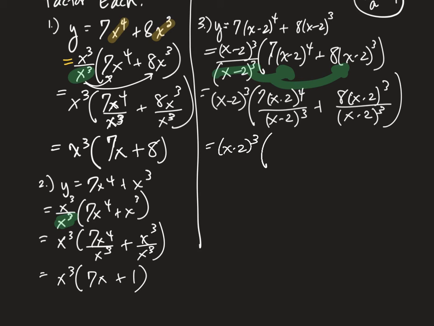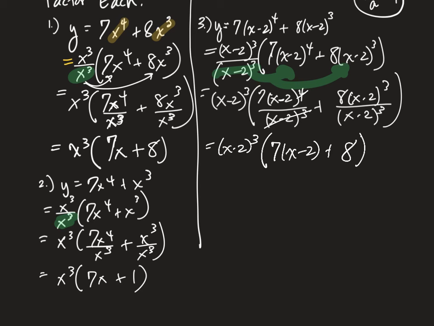So I have 7 times x minus 2 to the 4th over an x minus 2 cubed. So that simplifies to just a 7 times x minus 2, right? Those 3 will cancel with 3 up there, reduce with those. And then same thing here. We have 8 times x minus 2 cubed over x minus 2 cubed is equivalent to 1, or that reduced fraction in simplest terms is just an 8. And then from there we can simplify just as we did before.